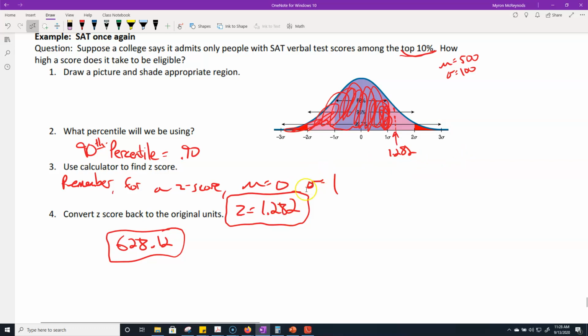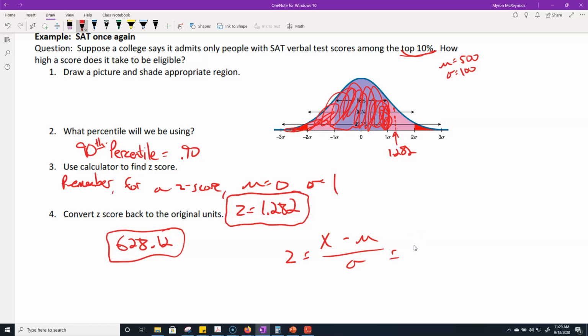So you can either figure out the z-score, which was 1.282 like we did to start, or plug in the values for the regular score and get 628.12. You can even check your math to make sure the calculator did it right, because remember, the z-score is equal to x minus mu over sigma.